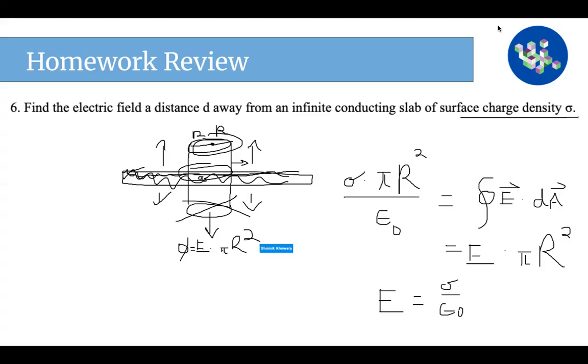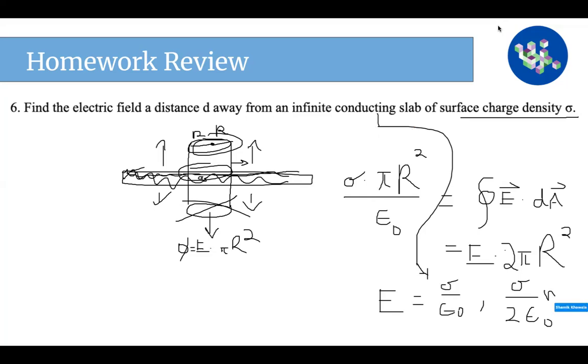So this will become E times 2 pi r squared, since there'll be two of these. For that case, we'll get sigma over 2 epsilon naught. So this is the conducting and this is the non-conducting. Any questions about that?